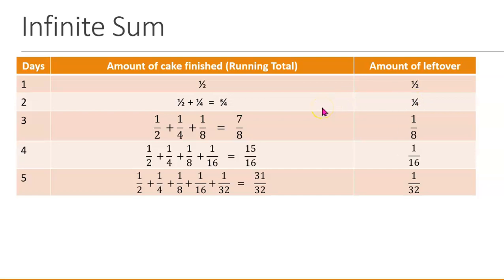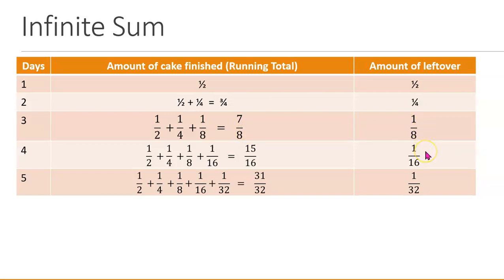Okay, so the third day, you eat half of the remaining amount. The previous leftover was 1/4. You eat half of this, so you eat 1/8. So now the amount of leftover is 1/8, and 7/8 of that cake is finished.